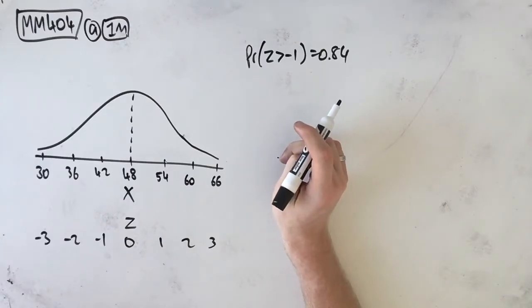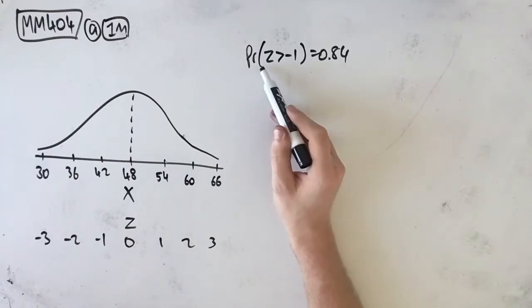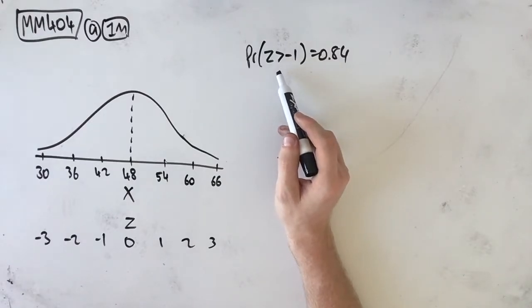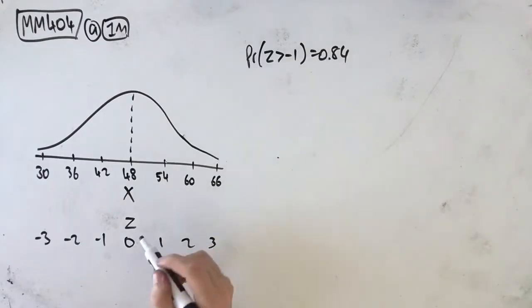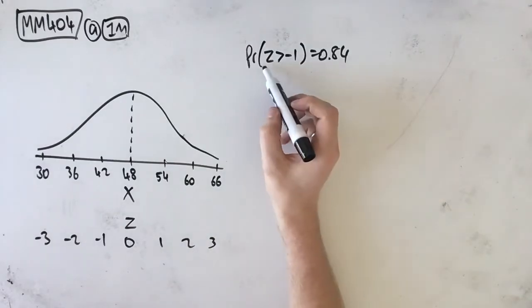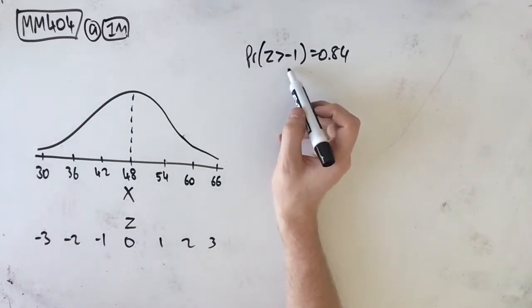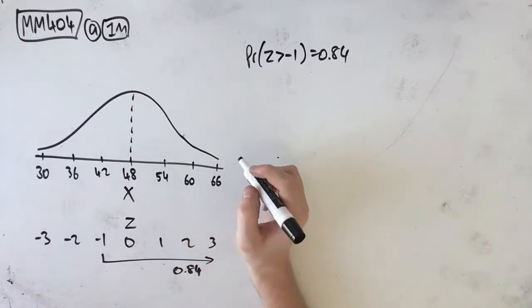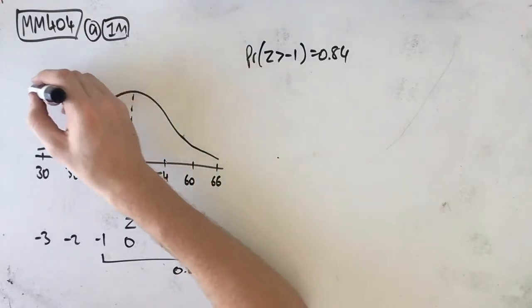Alright, awesome. So, if we know that z is our standard normal random variable, that means it determines how many standard deviations away from the mean we are. What we're saying here is that the probability that z is greater than -1, so from here onwards, is 0.84, right? Now, we're looking for the probability that x is less than 42.